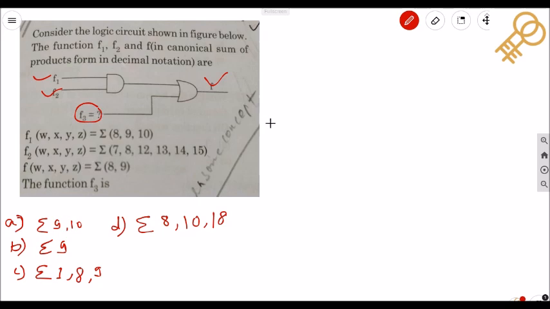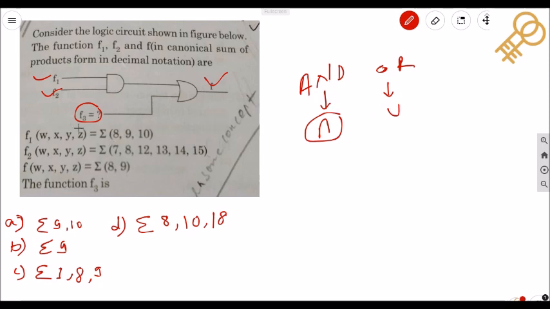So remember one thing, wherever the AND gate is there, you have to take the common, that is the intersection, and wherever the OR gate is there, you have to take the union.